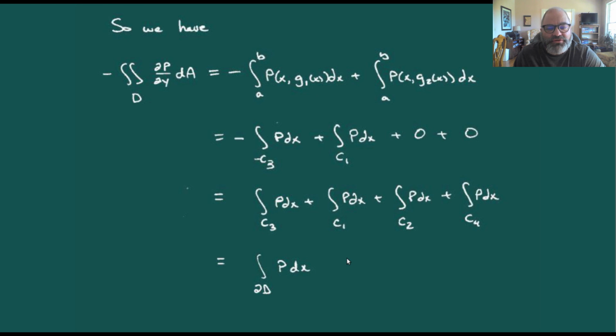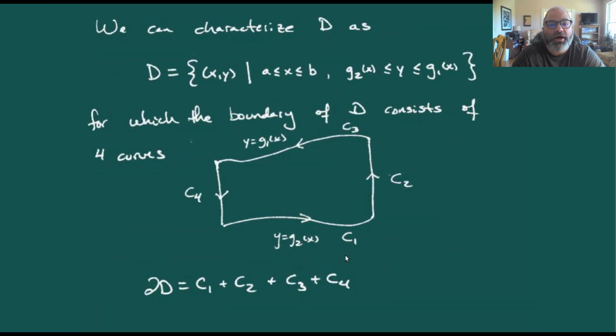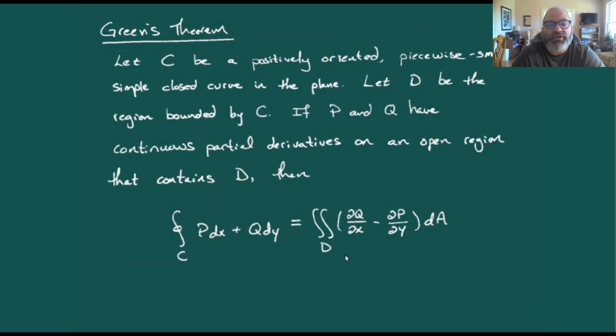And so this gives us our first part of Green's theorem, with the partial of P with respect to y.